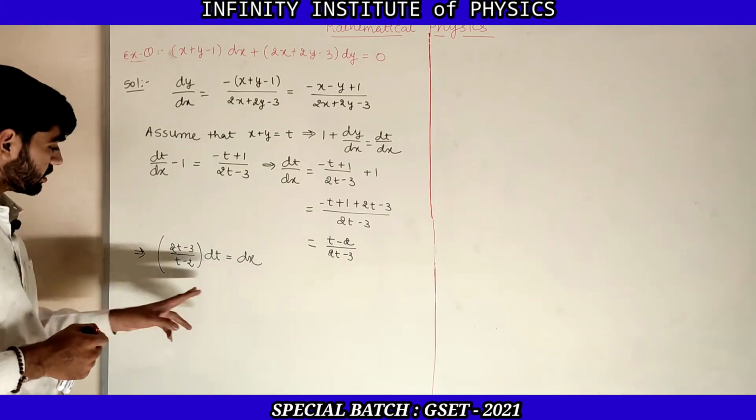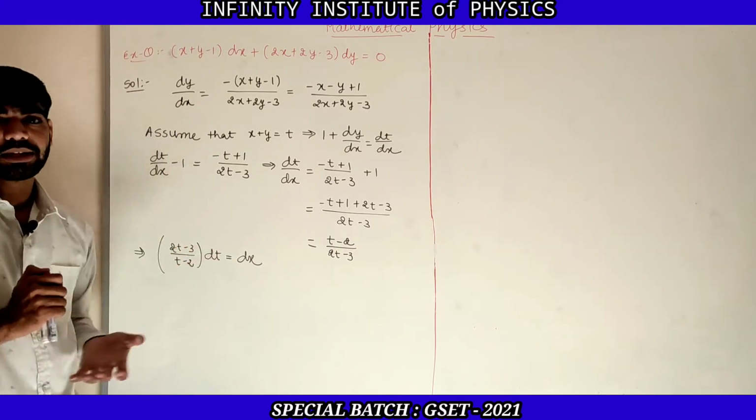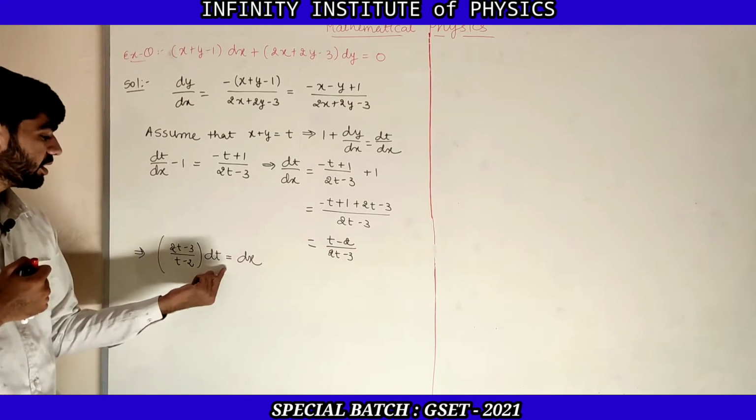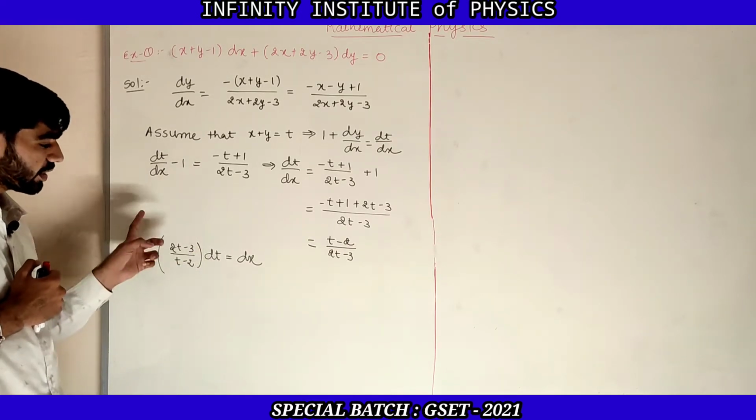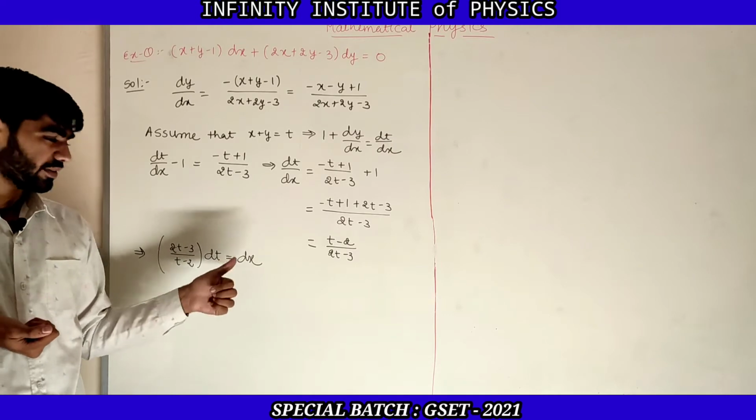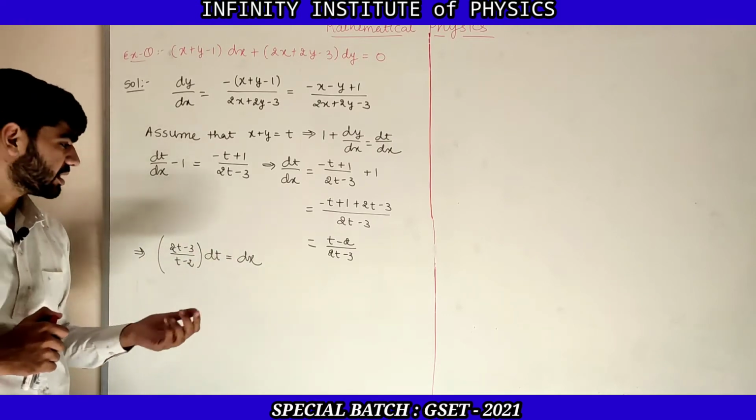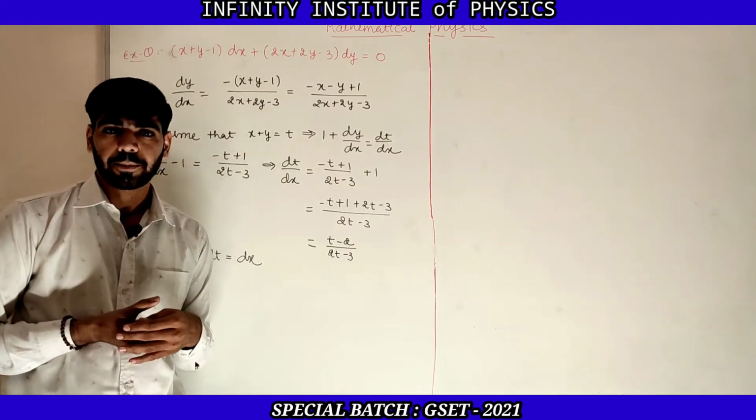And now this is converted into variable separable form. Now you can see that with dt you have only a function of t, and with dx there is only a function of x, that is 1. There is nothing, but you can assume it as 1.